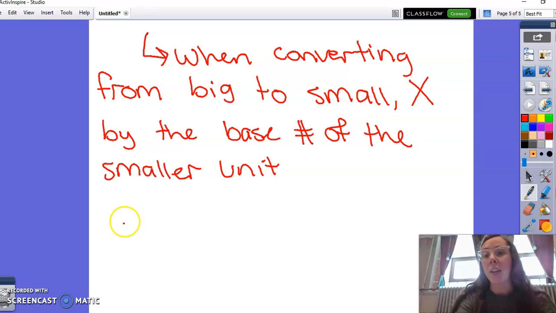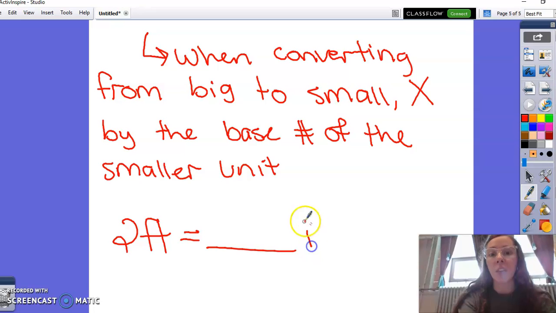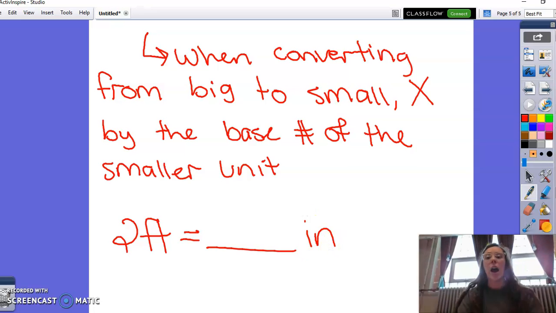In this example, we'll just use feet and inches. If I had 2 feet and I wanted to know how many inches that is, I would multiply by the base number of the smaller unit, because feet is bigger than inches. So I need to multiply, and the base number is 12. There's 12 inches in 1 foot.